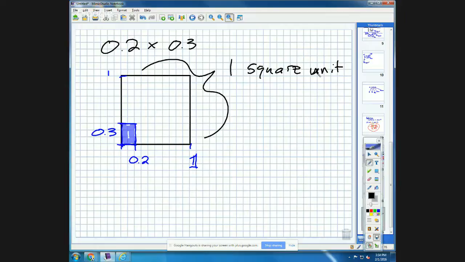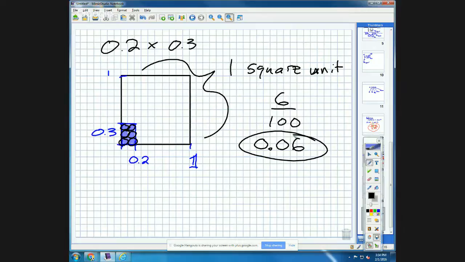Then the question is, what part of that square unit do I have here? How many little pieces do I have of this square unit? I have 6 little pieces. How many total pieces are there? There's 100. And so thinking about place value, I've just found the answer is 6/100.